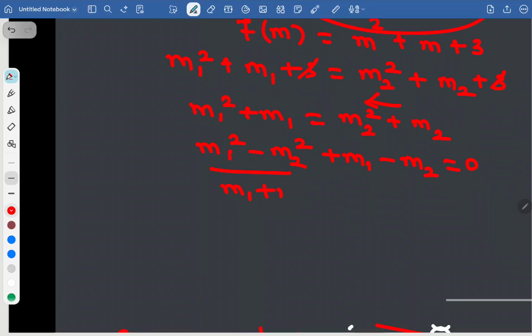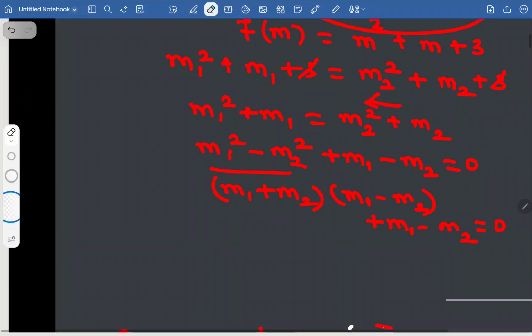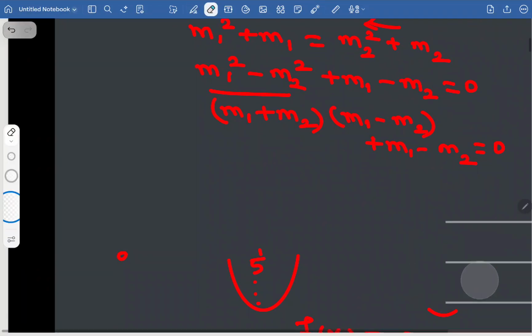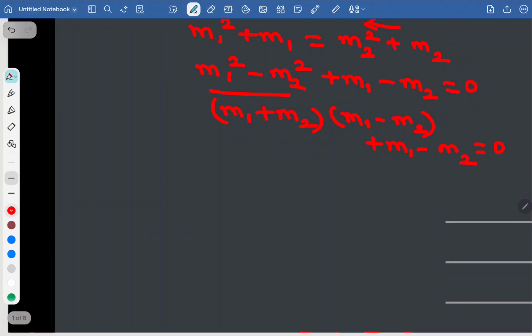We can write it as m1 plus m2 into m1 minus m2 plus m1 minus m2 equal to 0. Take m1 minus m2 common, remaining m1 plus m2 plus 1 equal to 0.